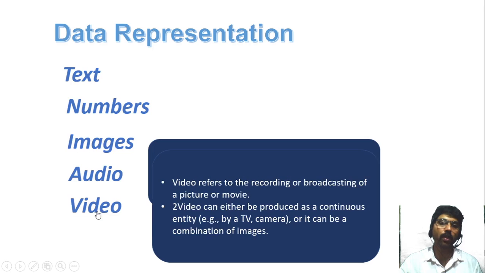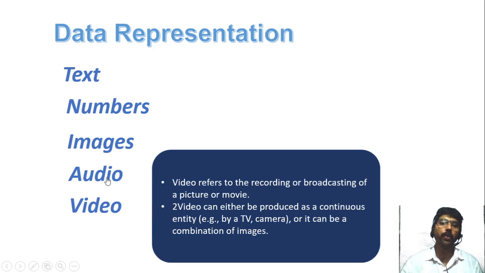The next one is video. Video is also represented in the form of bit patterns, but those bit patterns are converted into a video format. Video is used for recording and broadcasting of a picture or a movie.